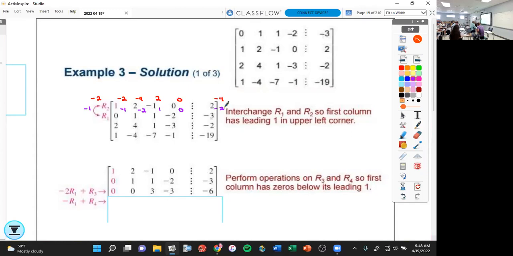I'm going to combine this purple row with row 4. -1 and 1, 0. -2 and -4, -6. 1 and -7, -6, 0, -1, -2 and -19.